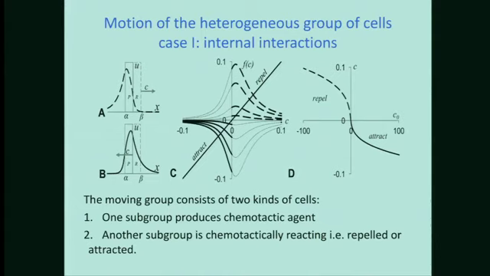The same analytics can be used, but now we can't talk about conditions for motion because it will always move. For example, in this case, we have a group of cells. Half of this group is producing the chemotactic agent, and half is reacting. It doesn't matter whether it's attracting or repelling. In both cases, it will be moving in one direction or the other.